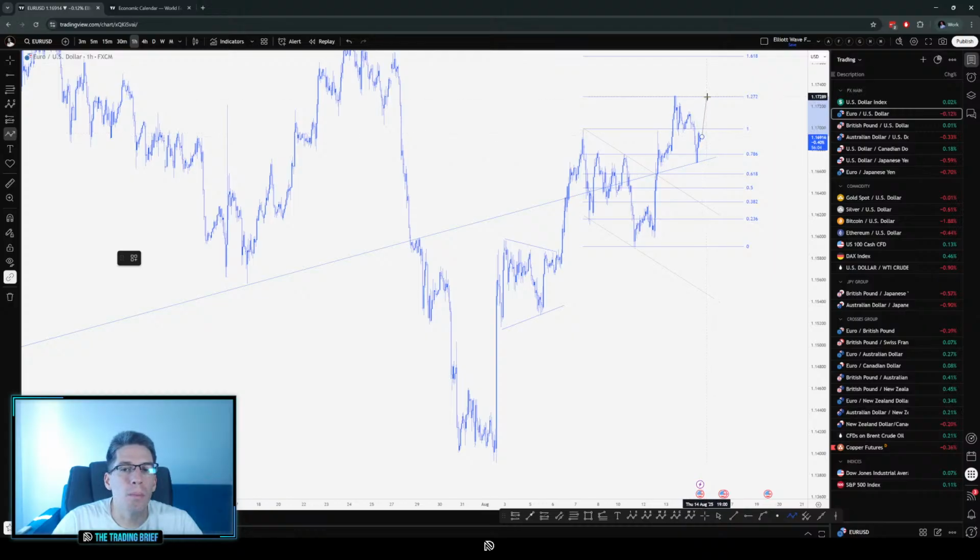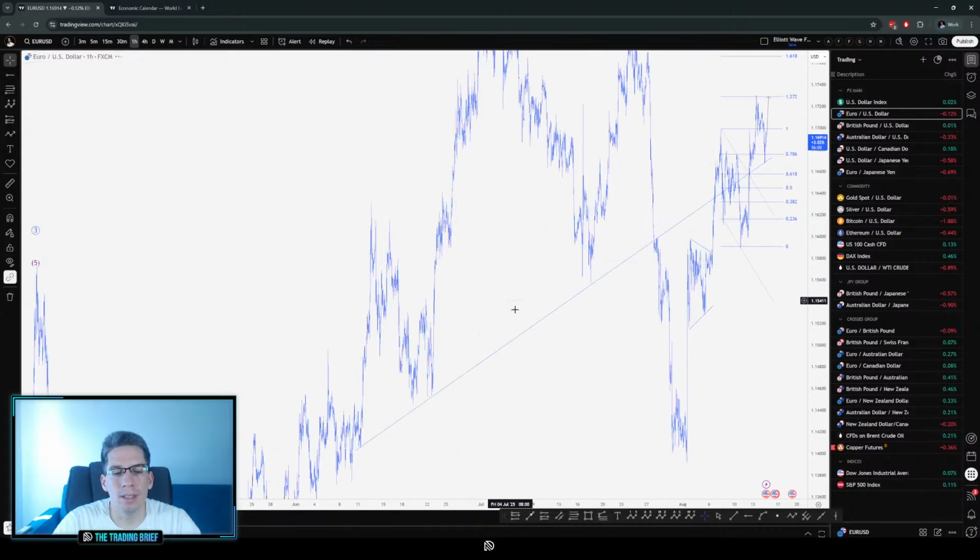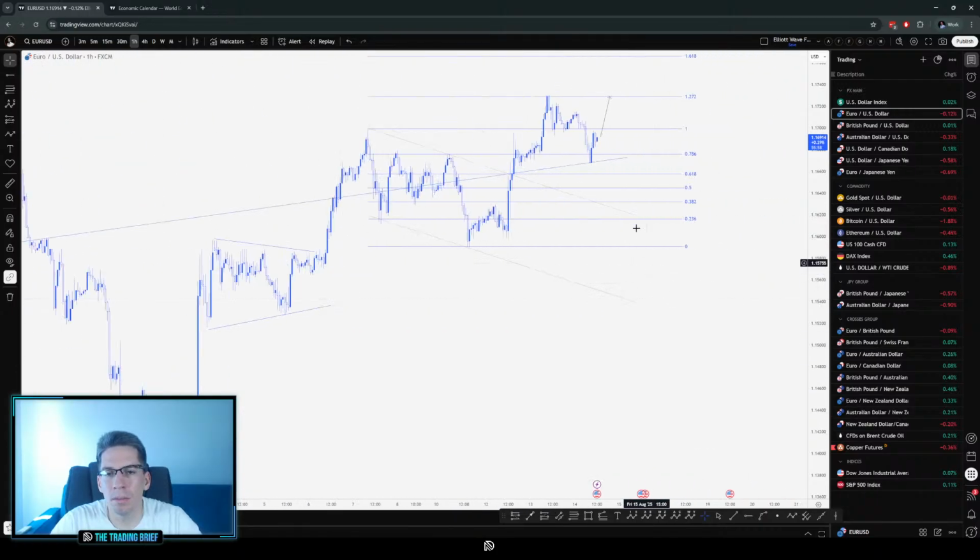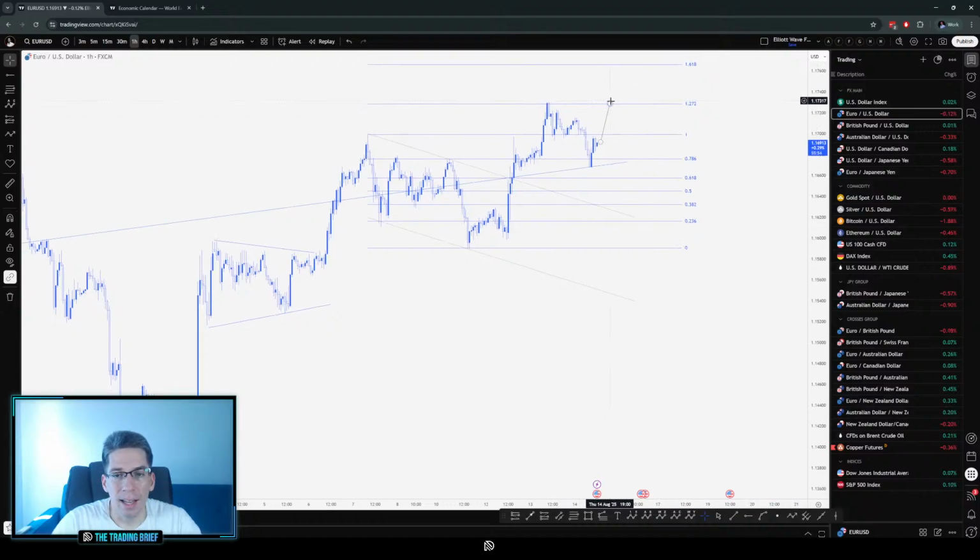This suggests more bullish movement, especially since we found support from this trend line. Definitely I want to see that 1.618. That would be the ideal plan. But also, like we said, all the focus will be on tomorrow's meeting.